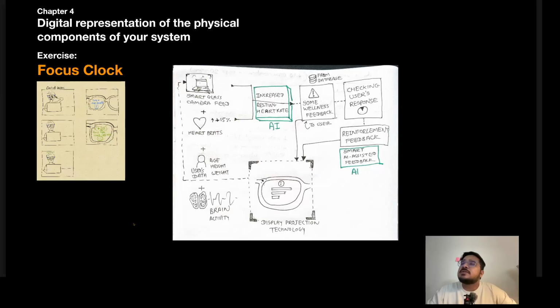So this was one of the exercises. This was really useful to understand how deep you can think as a designer, even if you don't know anything about technicalities, but you know the basics, like which sensor is doing what. Based on that we can understand how the system works.